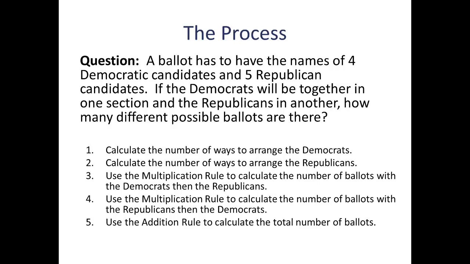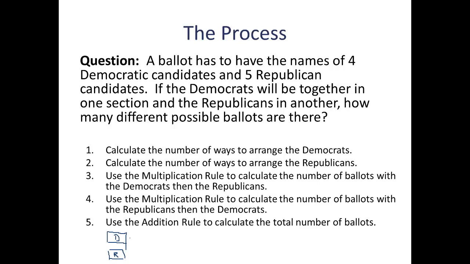Let me be clear on what we're doing in this process. We're going to start with counting the number of ways to arrange the Democrats. Then we're going to count the number of ways to arrange the Republicans. Now, to create a ballot, we have 2 choices we have to make.